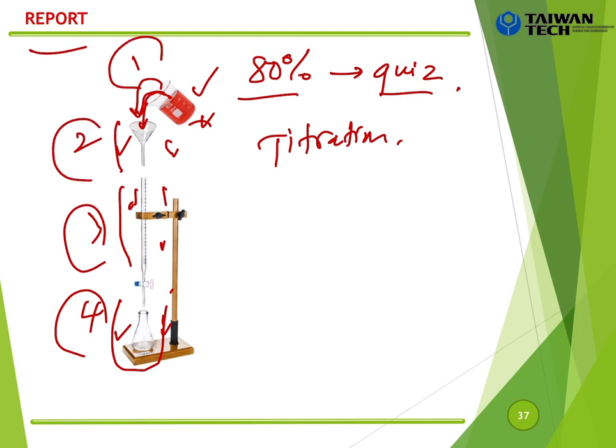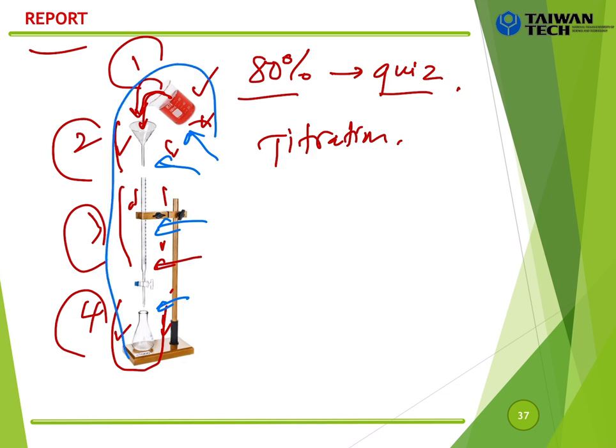Okay, so for the report you need to draw equipment. This one, I didn't have enough time to draw it, so I just combined the equipment together. But for you, you need to draw. Okay, you can combine any equipment together in one project, not separate equipment. It should be one project like this together.